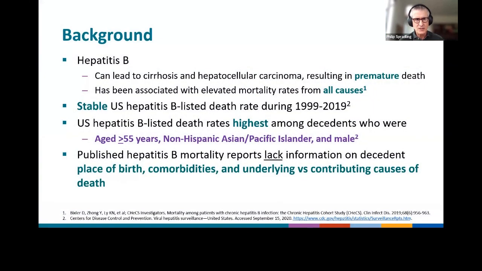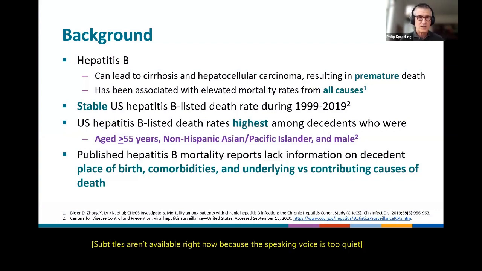For just a little background, persons with chronic hepatitis B can develop chronic liver disease and suffer premature mortality as a result. But one other thing to keep in mind is that persons with acute fulminant hepatitis B can also experience premature mortality. We'll touch on that a little bit later. Chronic B has been associated with elevated mortality rates from all causes.